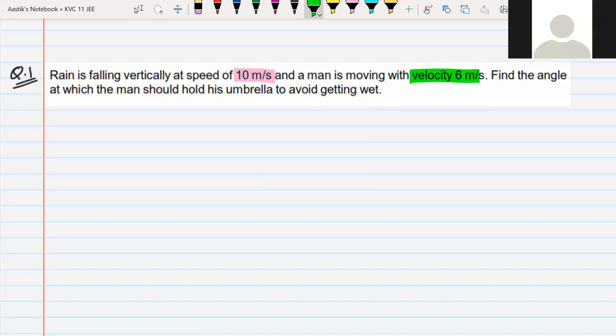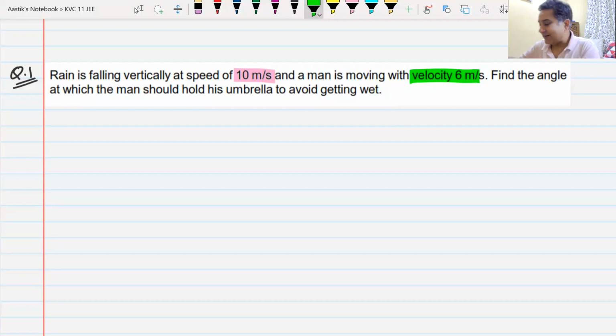Sir, 3/5, sir. Tan inverse 3/5. That is correct. Anyone got it? So it is very simple. I don't even have to draw the diagram, but still I will do this.